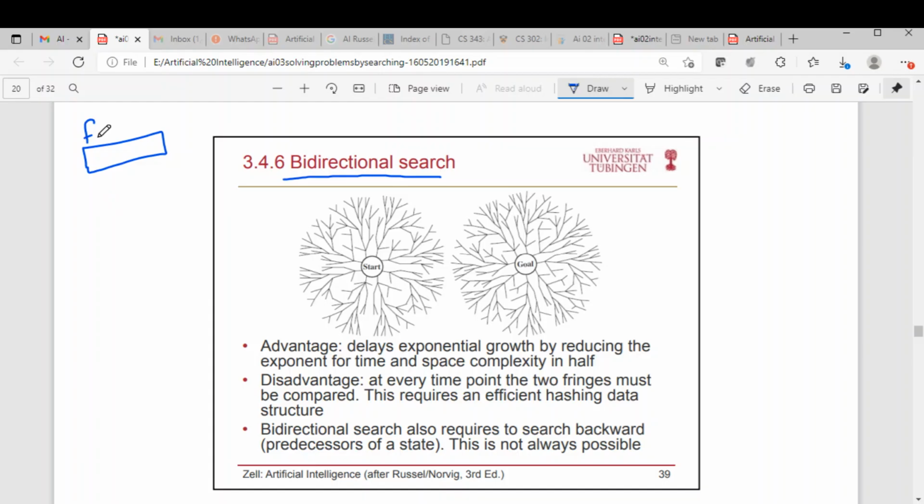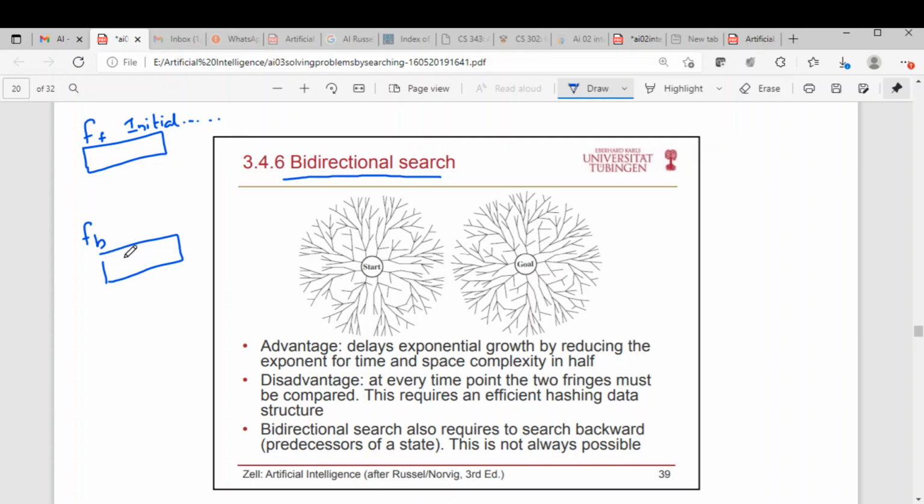One is called frontier 1, or you can call it frontier F, which continues the search in the forward direction, and the other will be frontier B, which will continue the search in the backward direction. So this frontier F will start the search from the initial state, and it will try to reach the goal state.